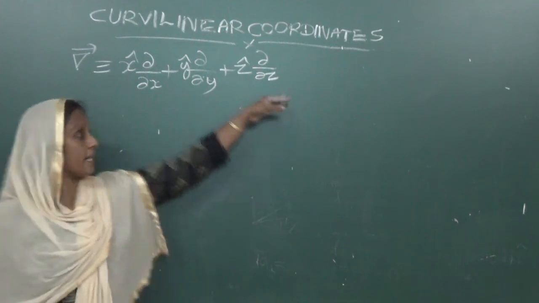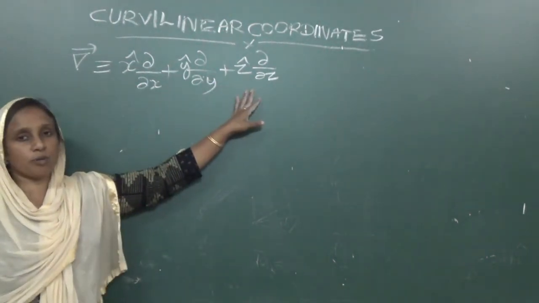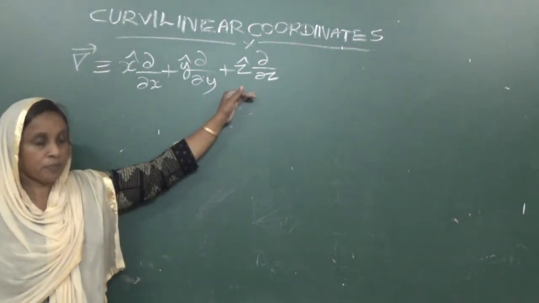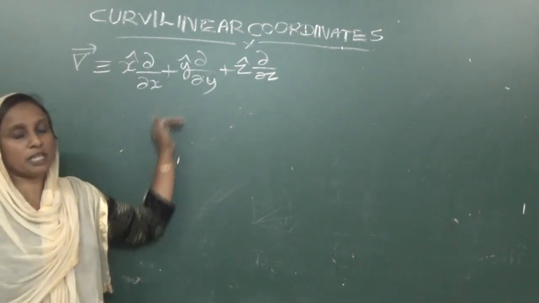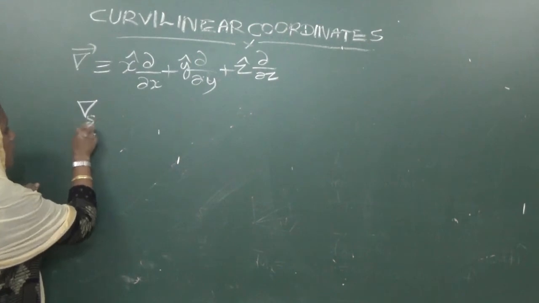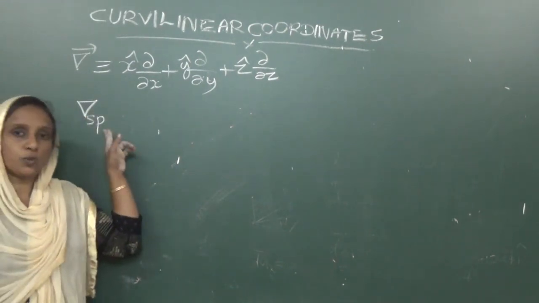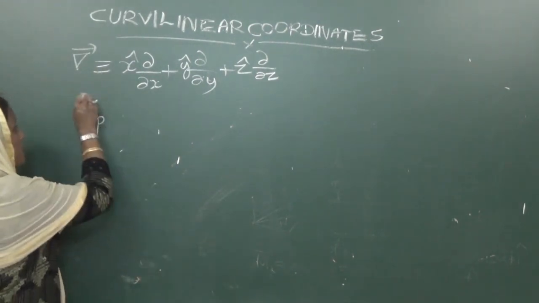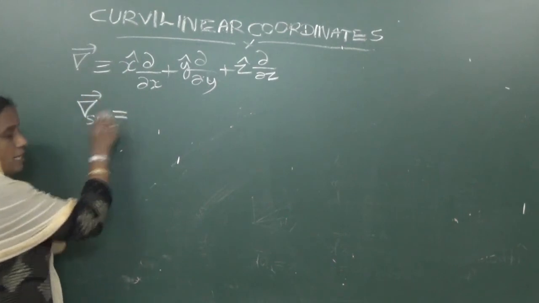This is the gradient operator in Cartesian coordinate system. Now we can express this operator in spherical polar coordinate system. Here I put a subscript sp to represent this gradient operator in spherical polar coordinate system.